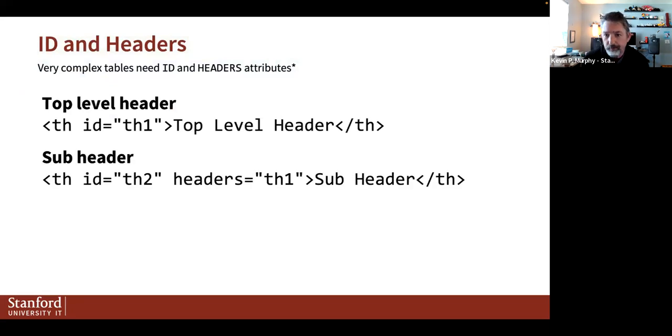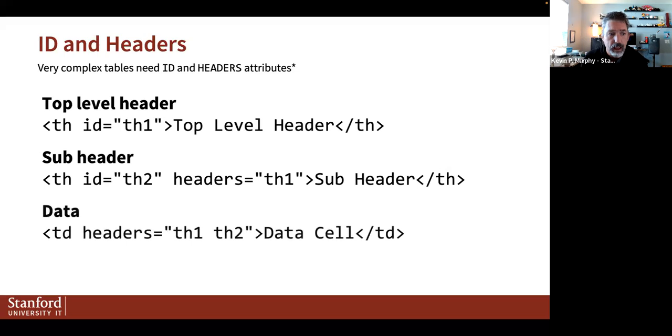Our subheader is going to have an ID value, and it's going to have a headers attribute that points back at that top level header. So it has its own unique ID, and it references that other header. And then our data cells are going to have a headers attribute that references all of the headers that are appropriate for that cell.